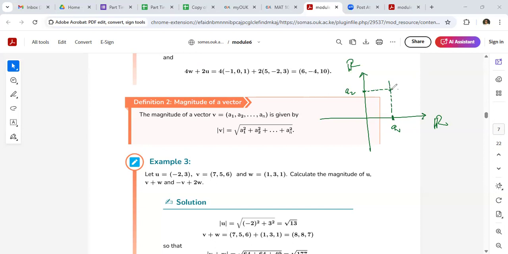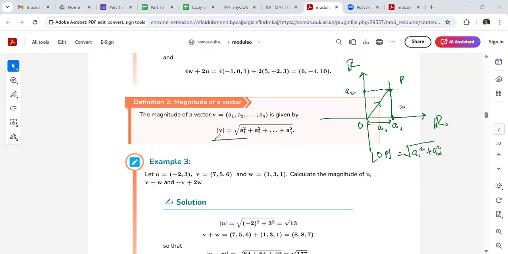That's the resulting vector. If I want to find the magnitude of this vector, the measure here is A1 units and the measure here is A2 units. And so by Pythagoras theorem, the magnitude of the line segment OP would be the square root of A1 squared plus A2 squared.